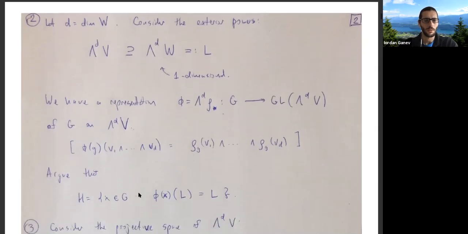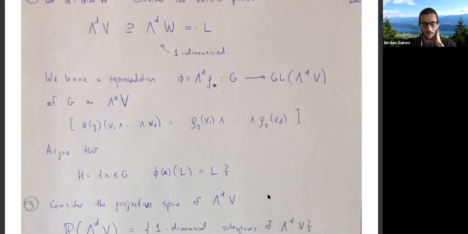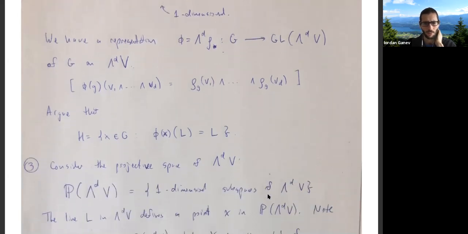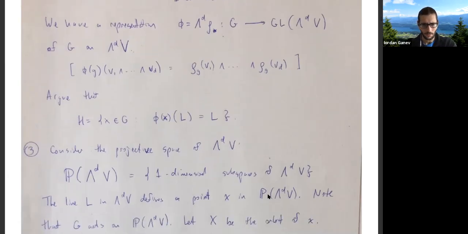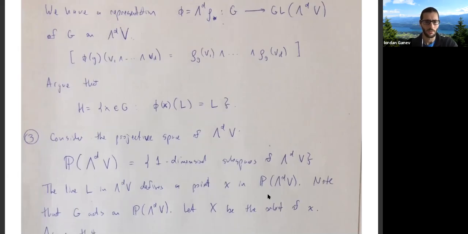Then one argues that if we take this one-dimensional space, which I'm calling L, X will be exactly those elements in the group G that take L to itself under this action. Now we do this trick where we take the projective space of the dth exterior power of V. The projective space of a vector space is all the one-dimensional subspaces of that vector space.